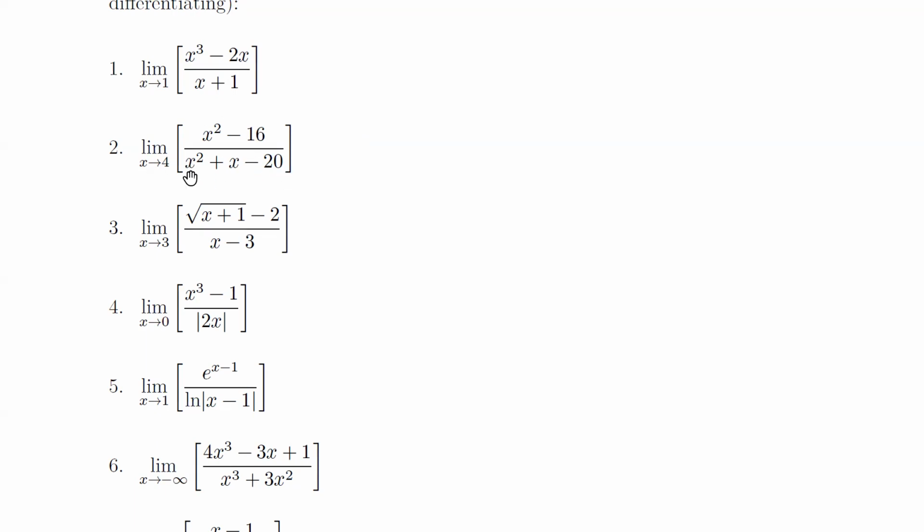And in the denominator, if you're not sure how to factorize this, then what you would usually do is use the fact that x approaching 4 makes this approach 0, which means that x minus 4 is a factor of this. So you could use polynomial long division using x minus 4 as a factor, or x minus whatever this number is, if you're not sure how to factorize it.